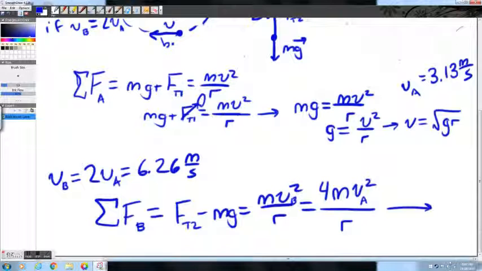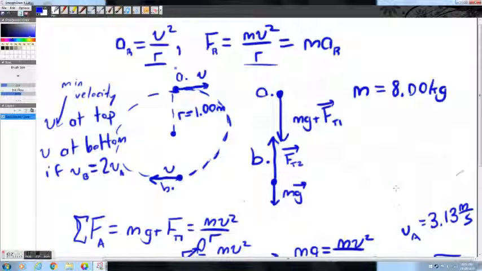Which means that FT2 equals mg plus mv squared over R, and that's VB. So we add those. Mass was what, 8?